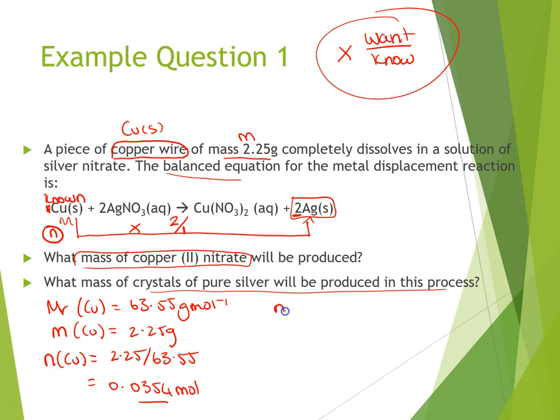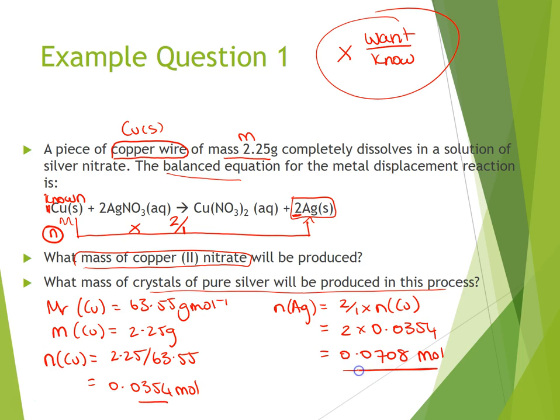So N of silver is going to be equal to 2/1 times N of copper, because that's the one that I know, which is 2 times 0.0354, which is going to give me a number of mole of 0.0708 mole.